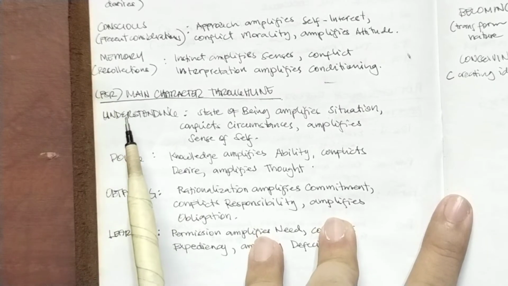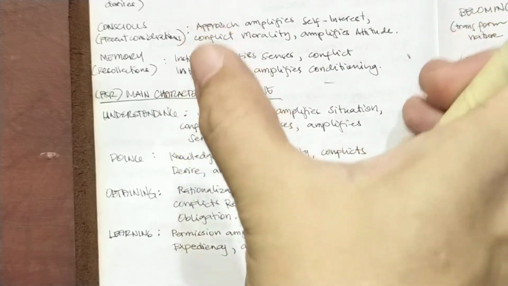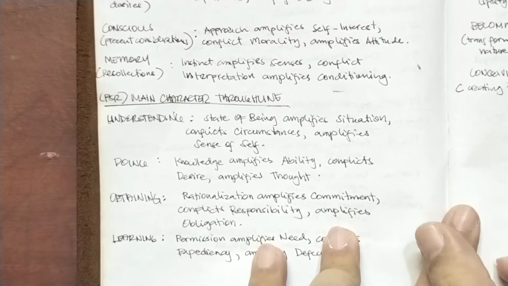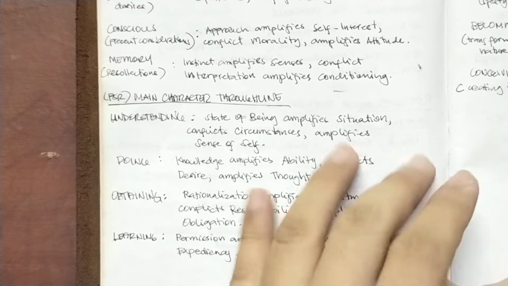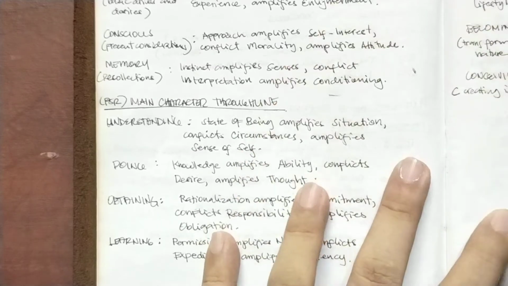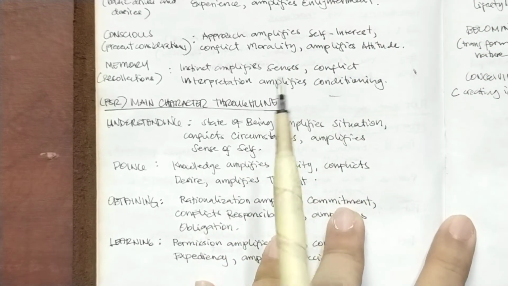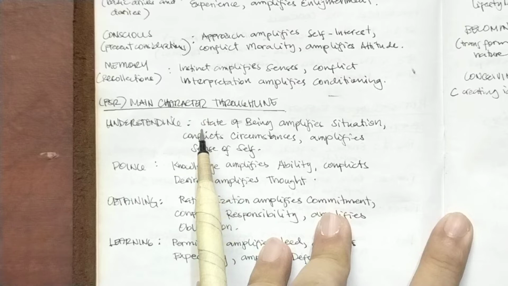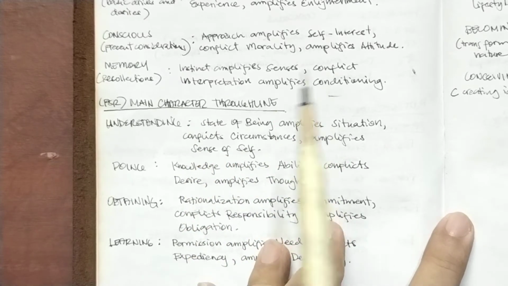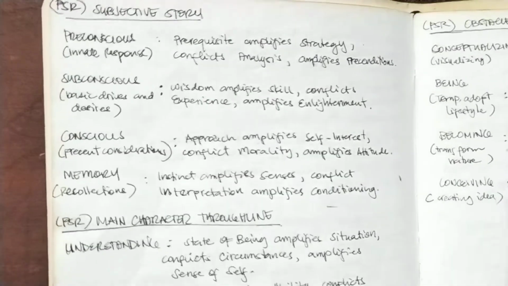So actually, he ends up in this first sequence either misunderstanding something or understanding something. Okay, but what is that all about, really? So the plot sequence report tells me that it's about state of being, situation, circumstance, and sense of self.